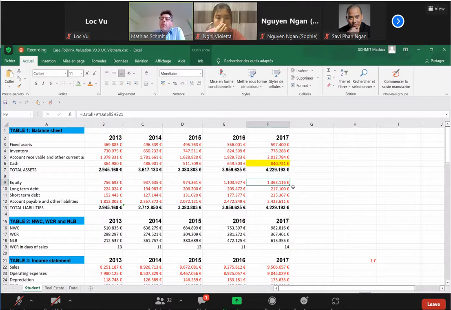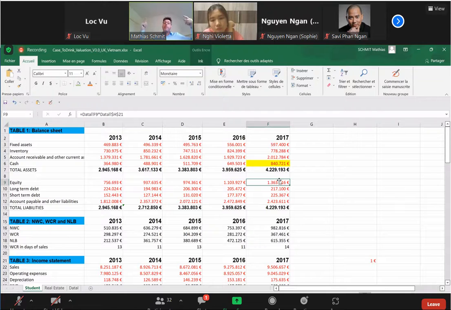Which is completely wrong. Why is it completely wrong? Because it does not take into account the economic value. Here, by chance, it is more or less the same. But generally speaking, it is not the same at all.